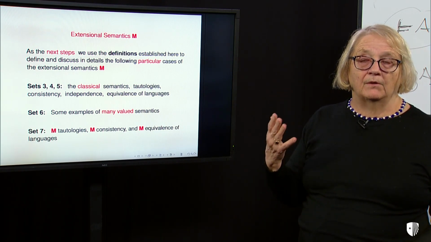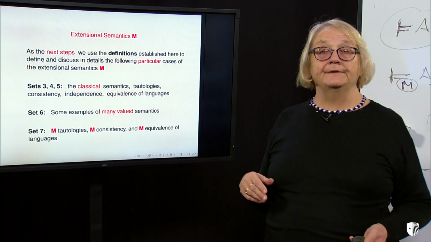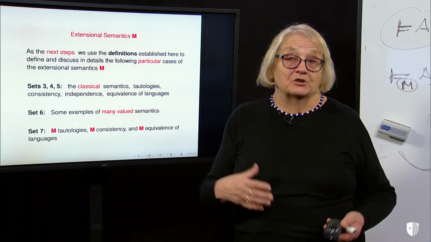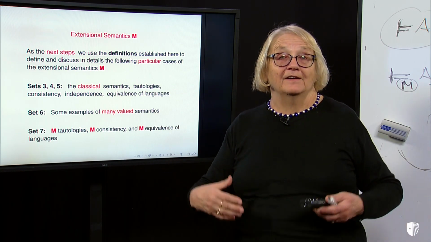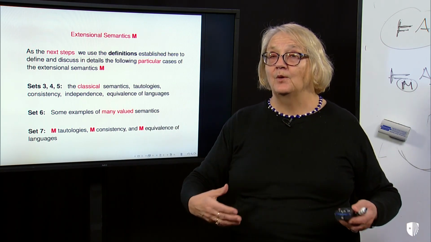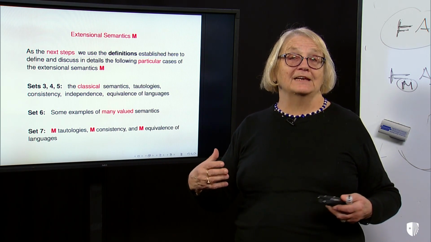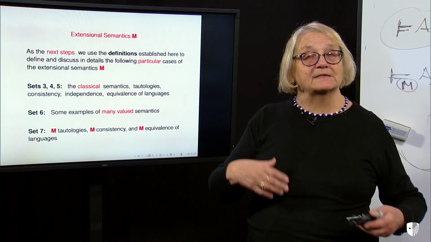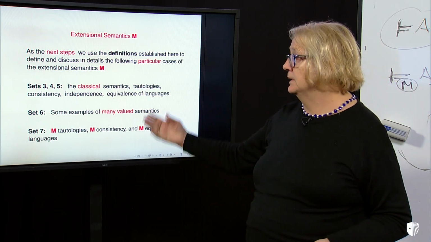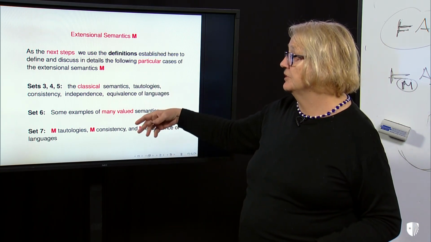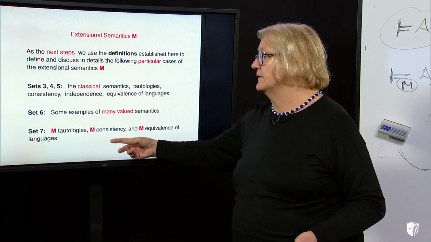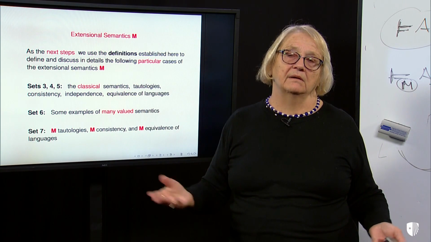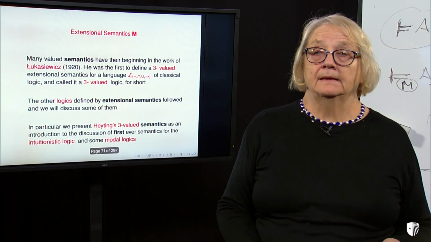All of them are historically very important, and they are a nice tool for examples. Four-valued semantics, five, you can define your own semantics. Now you know how to do it, and then you can see if your formula is true in one semantics, it's not true in the other. And then we generalize that definition of consistency and independence, which is for classical, and we show how you can define it for any.